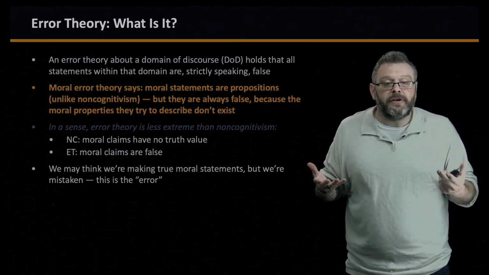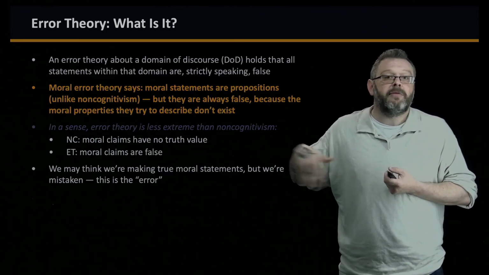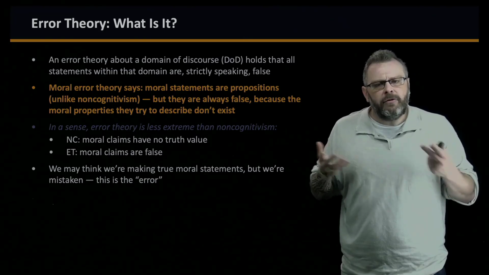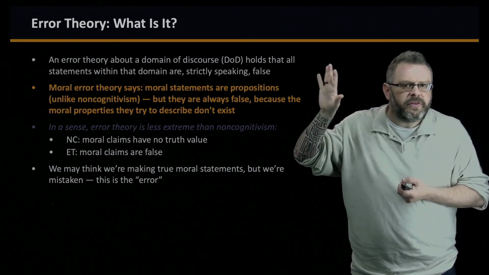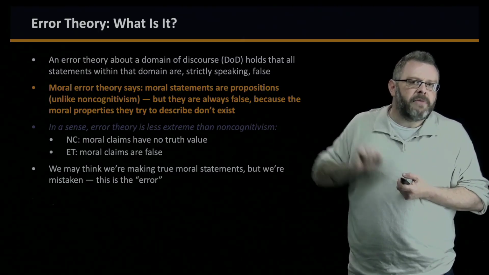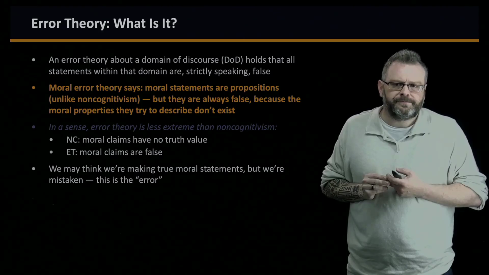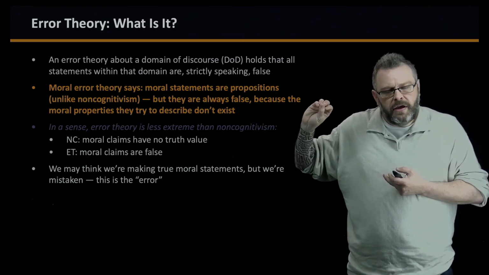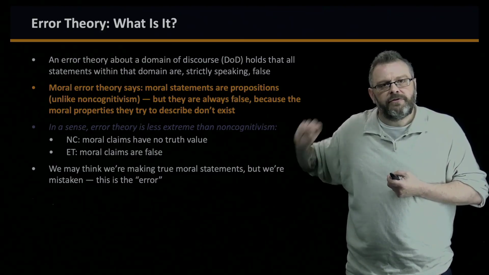And error theory in general, there are different kinds of error theories. So this is an error theory about morality or moral claims. And an error theory in general is just saying that all of the statements within some topic, some domain of discourse, are false. So these guys agree with the non-cognitivists that moral statements are not true.